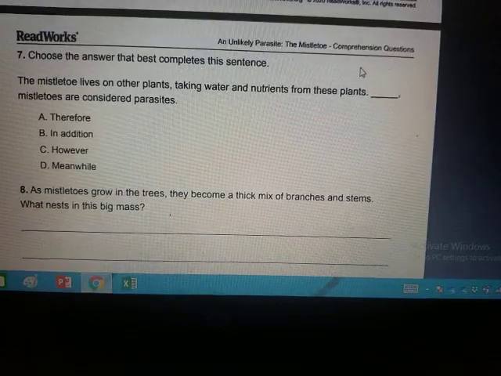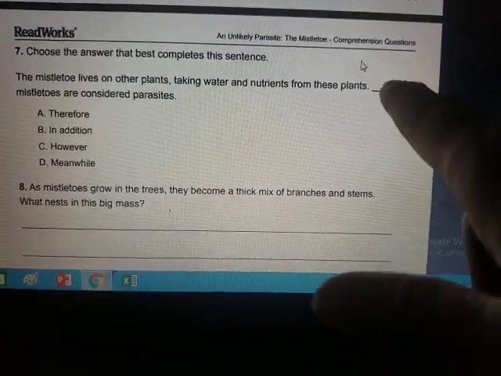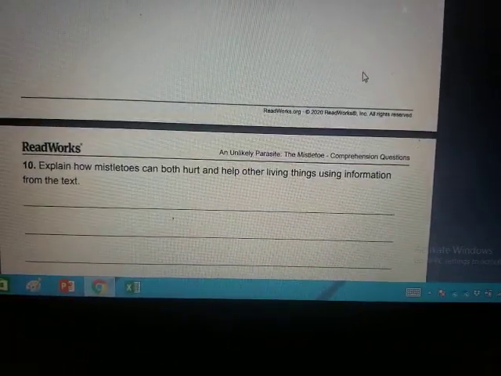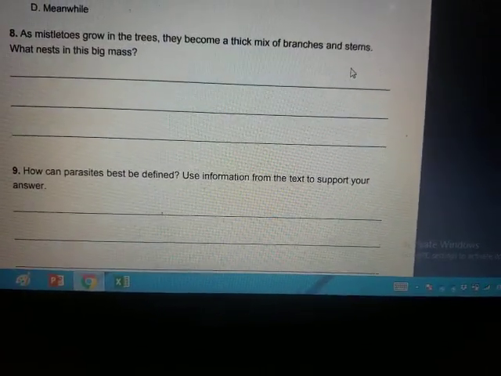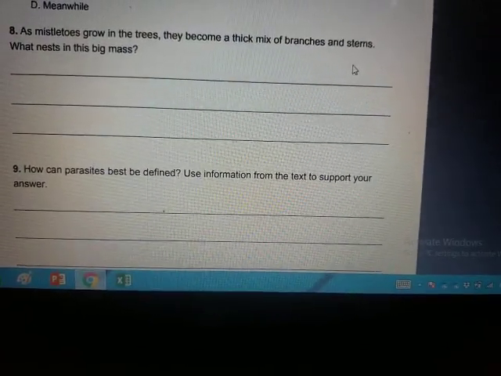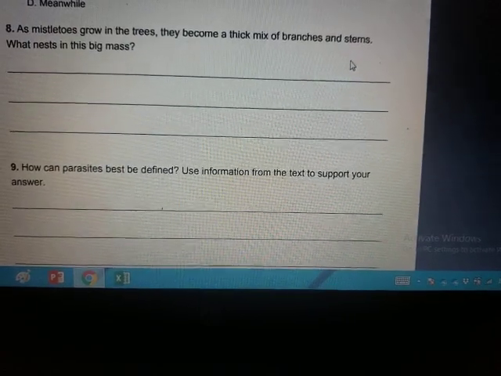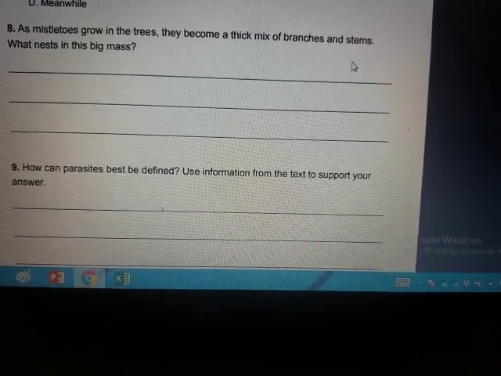Number 7, choose the right answer that completes this. So you're going to read it and fill in with the best linking word. I just skipped. Number 8, as mistletoes grow in trees, they become a thick mix of branches and stems. What nests in this big mass?